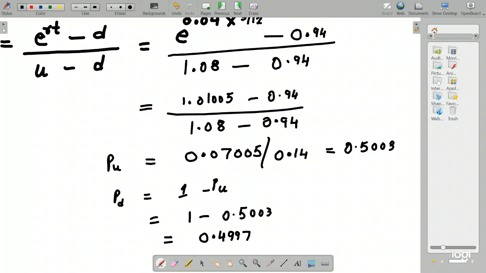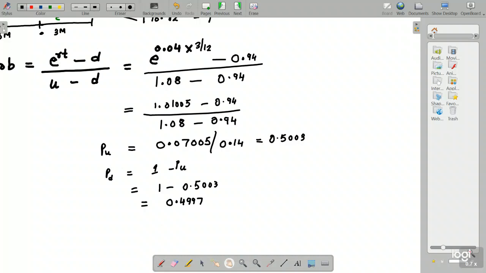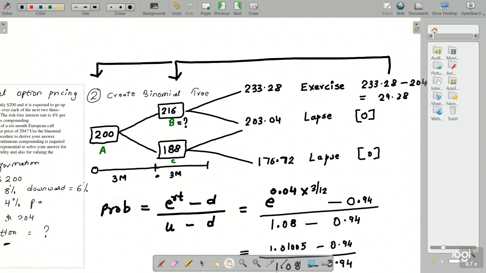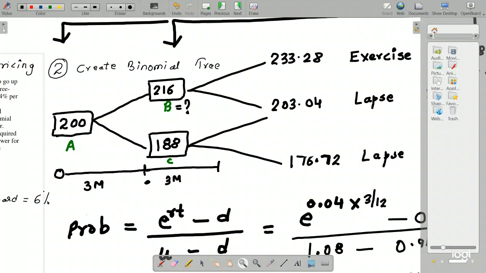and we are going to use the same thing here. So I'm going to use the same thing here by writing this probability.